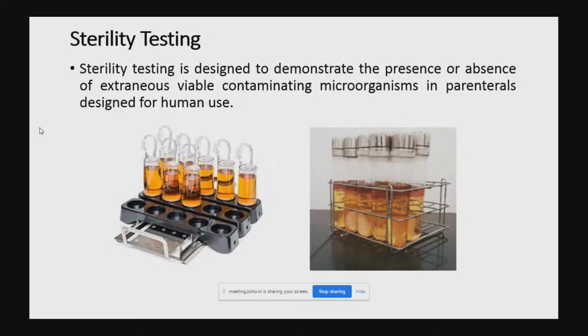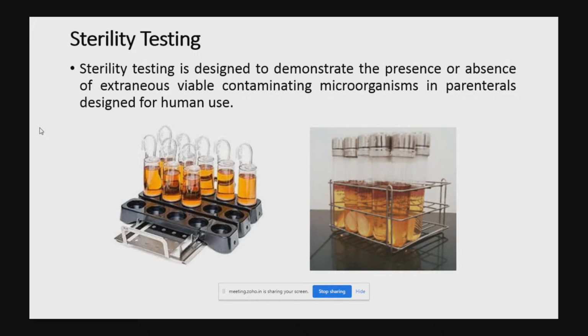After that, there was another test. It is the most critical test in the pharmaceutical industry. That is the sterility test. The sterility test is designed to demonstrate the presence or absence of extraneous viable contaminating microorganisms in parenterals designed for human use. Whatever injections we are manufacturing, we need to perform the sterility test.